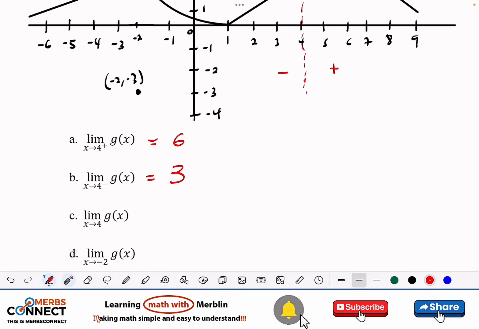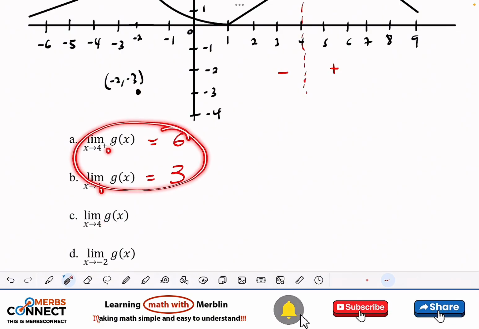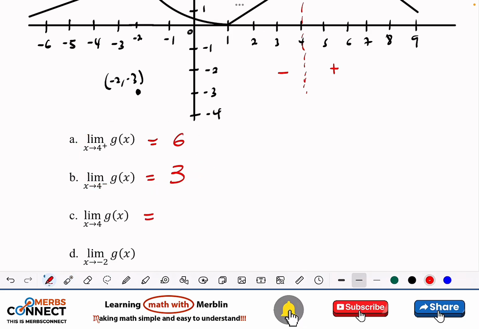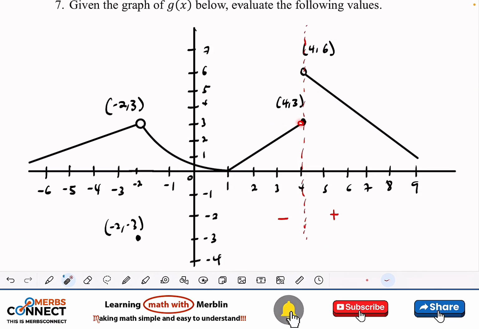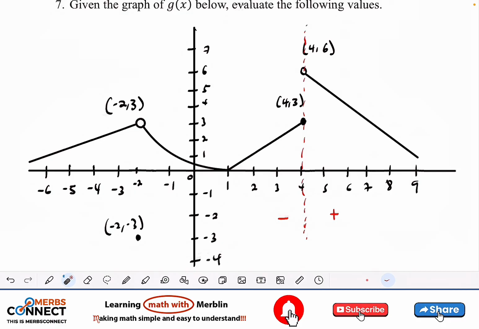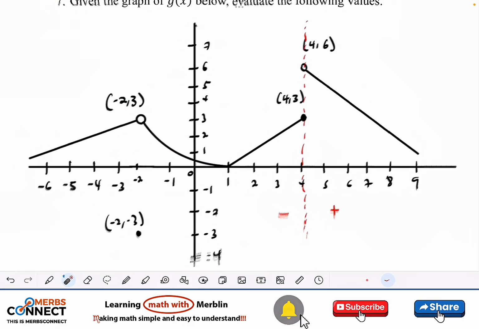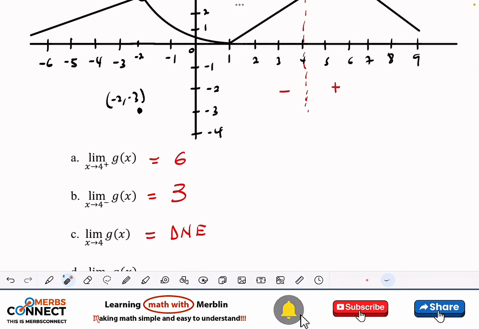Now, as we said, for us to conclude the limit, the left and the right should be the same. So since they are not the same, this does not exist, because you can see that on the graph, this is a jump discontinuity. Good. So it means that it's not going to be the same.